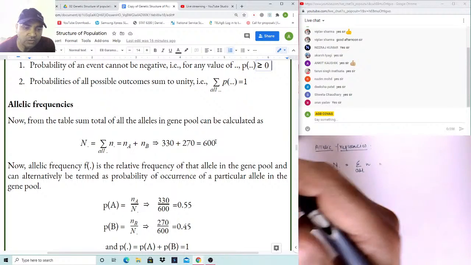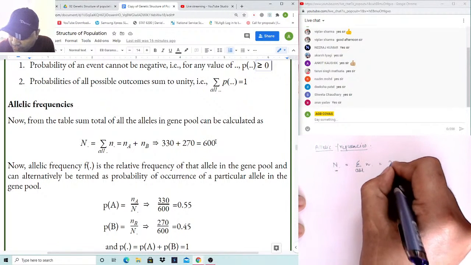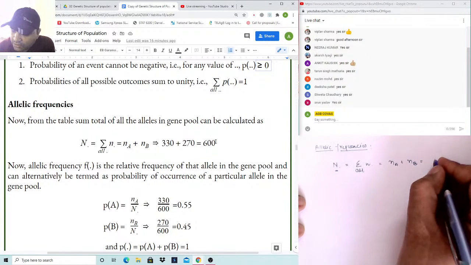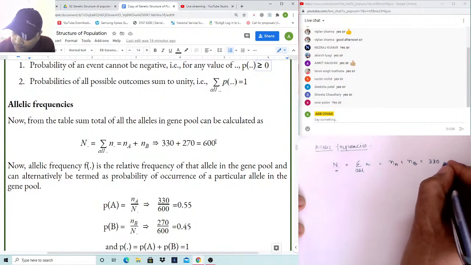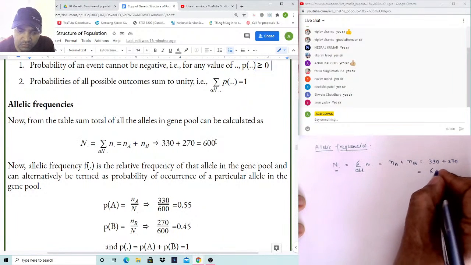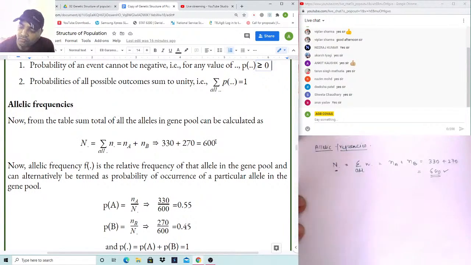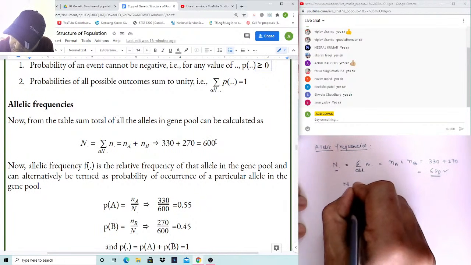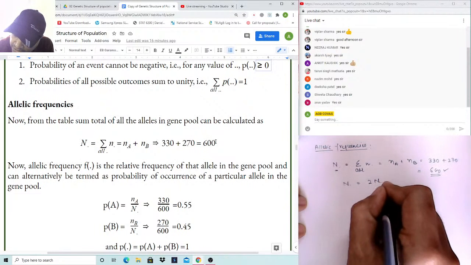Here, because there are only two alleles, we will be adding them up, Na plus Nb, which is equal to 330 plus 270, equal to 600. One must note here that this n dot is always equal to twice n dot dot.